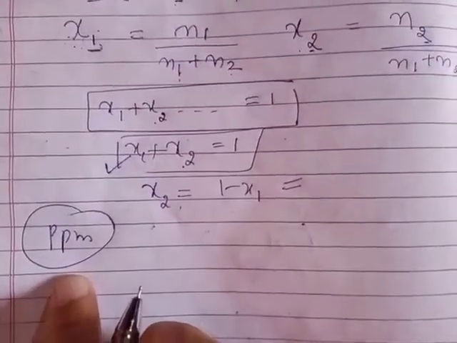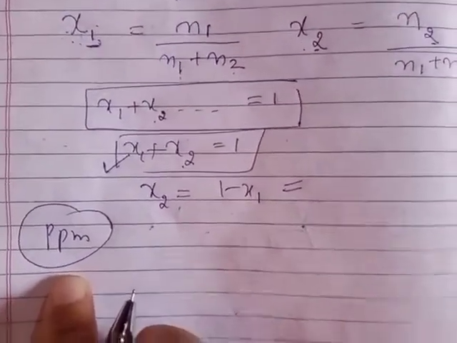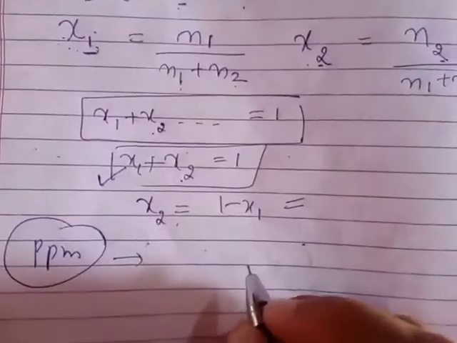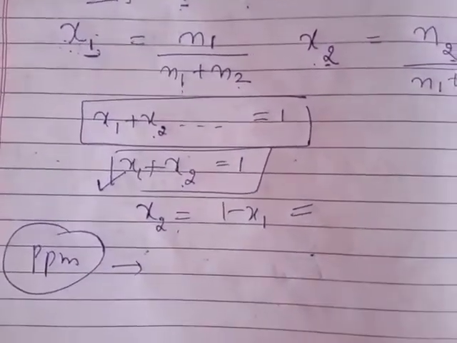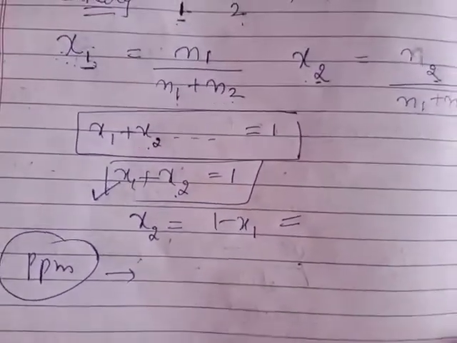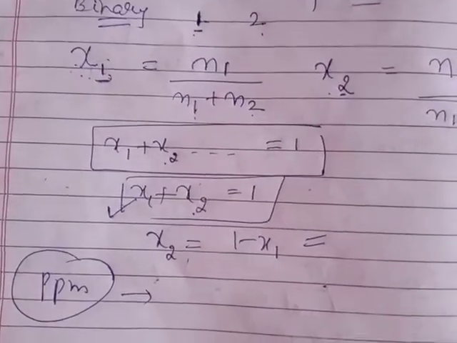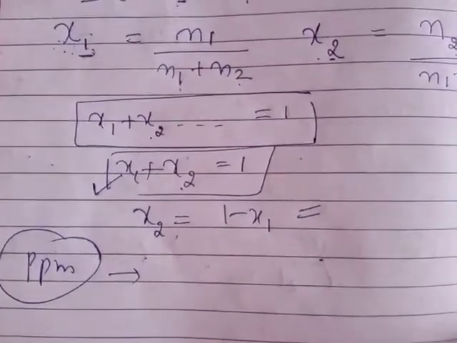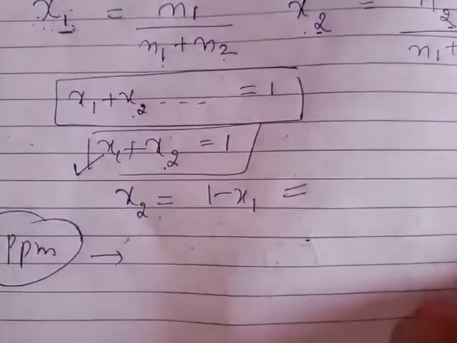This ppm stands for parts per million. In this case, the concentration of a very dilute solution is expressed in terms of parts of solute by mass present in a million parts of the solution.